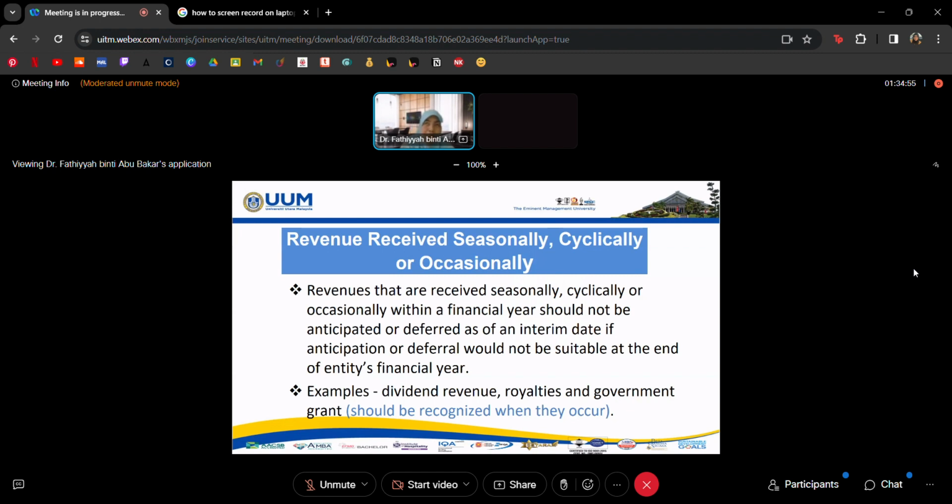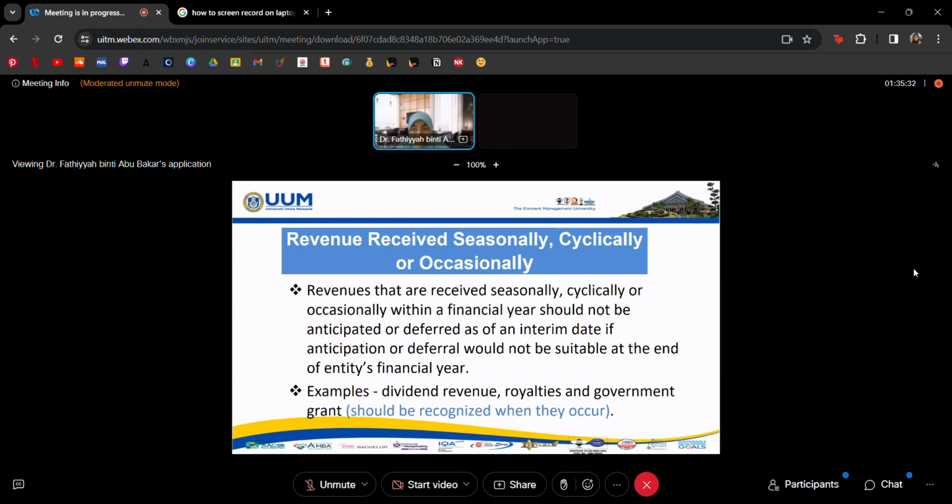Let's say you apply for a government grant to buy a specific or special asset, and you cannot estimate the result of your application. Do you think that by next month we can receive the result, or we will know how much we receive from the government? No, you don't have to estimate like that. You just wait until you receive the official statement from the government on how much the grant is.